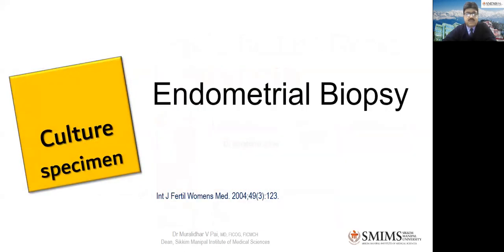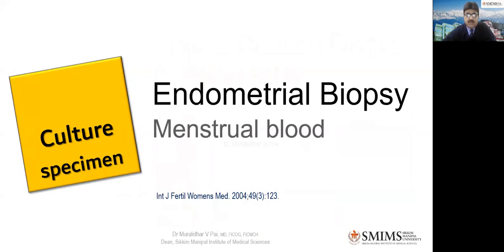For culture specimen, you can send endometrial biopsy, which is the best. When you take that biopsy, as I said earlier, go towards the fundus, maybe towards the cornua. That will give you a better yield. Menstrual blood also can be sent sometimes, wherever you cannot get an endometrial biopsy.